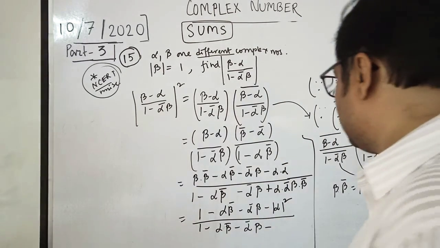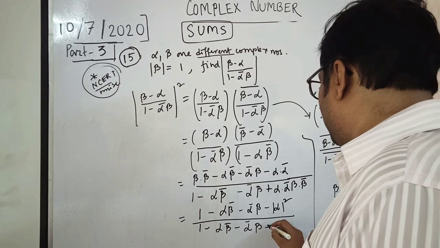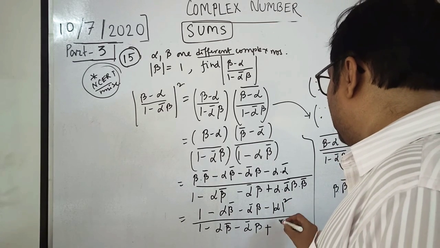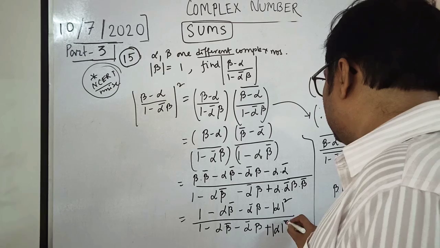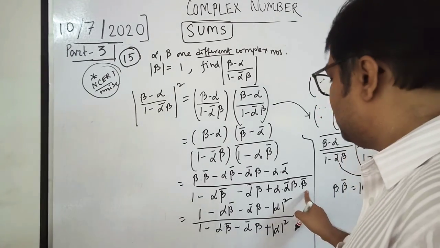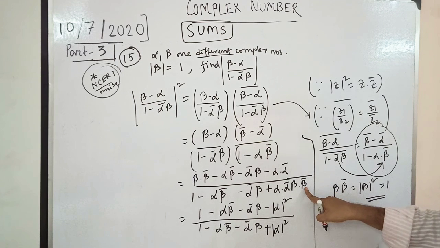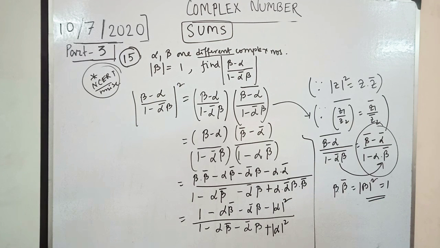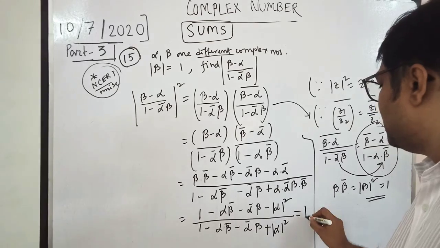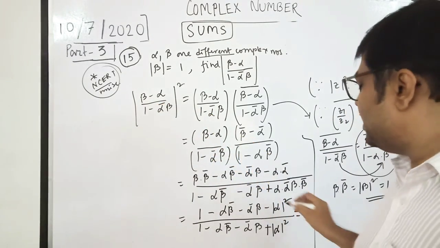Then plus alpha bar beta minus alpha bar becomes this thing, and beta beta bar becomes 1. So basically this becomes 1 and alpha alpha bar becomes mod alpha whole square. So this is 1. So the square of this quantity is 1.